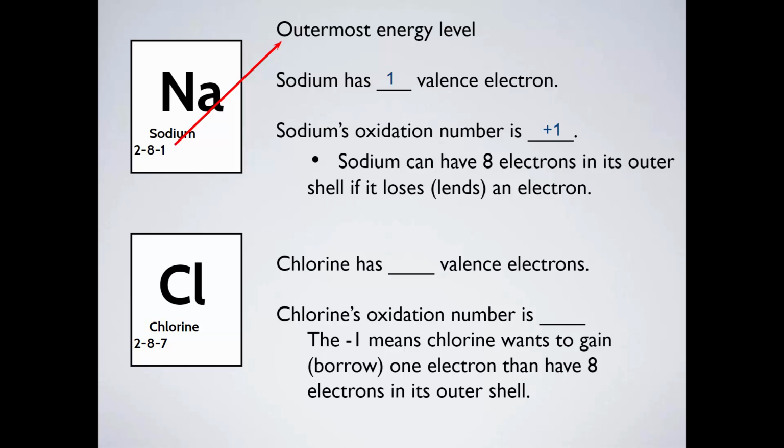Extra. It's +1. It has 1 extra electron. If it could get rid of that extra electron, it would be happy, right? Because then it would have 8. Let's look at chlorine. It has 7. It's missing 1. If it got that 1, it would go up to 8, and then it would be happy.